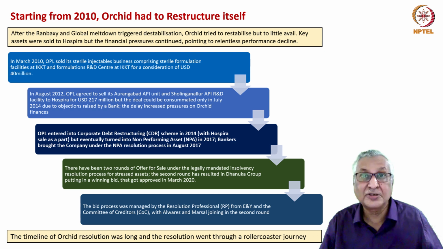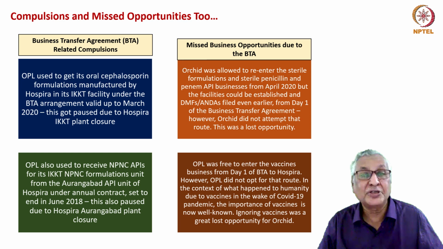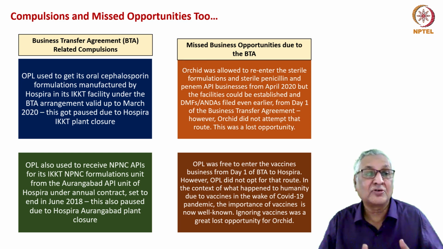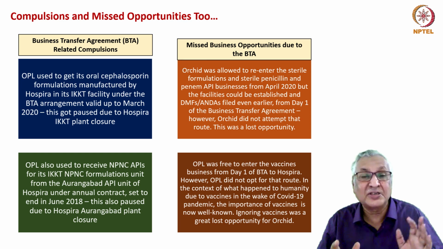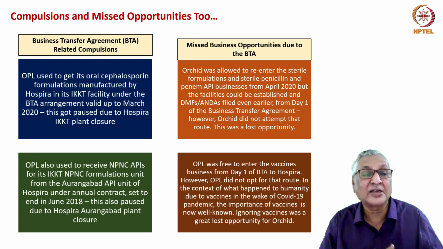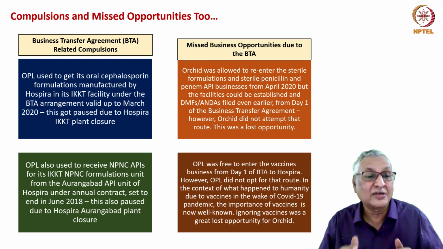The timeline of Orchid resolution was long, and the resolution went through a roller coaster, that is, an up and down journey. There were also certain compulsions and missed opportunities too. The first carve out of the formulations business was under a business transfer agreement. Under that, the formulations had to be obtained from Hospira because the formulation facility for cephalosporins was an integral part of the acquired IKKT complex, and that got paused due to the Hospira IKKT plant closure for a while.